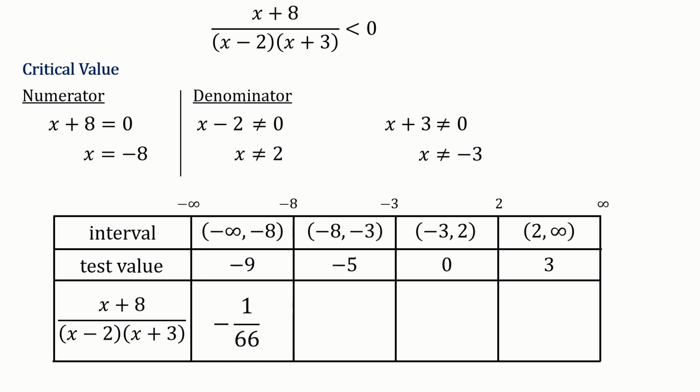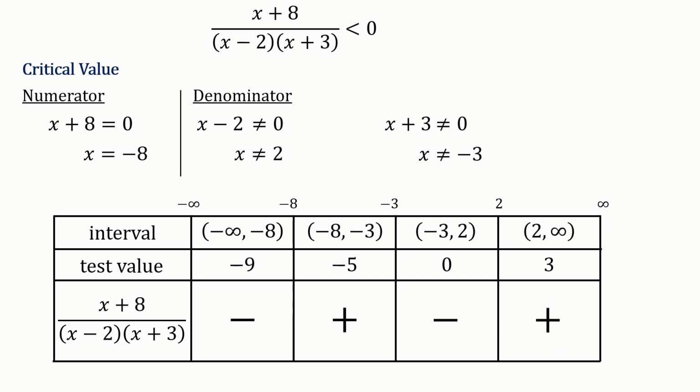What is important is the sign, which is negative. And then we substitute negative 5, we get 3 over 14, which is a positive value. And then we substitute 0 into the expression, we get negative 8 over 6, which is also a negative value. And then we substitute 3, we get 11 over 6, which is a positive value.